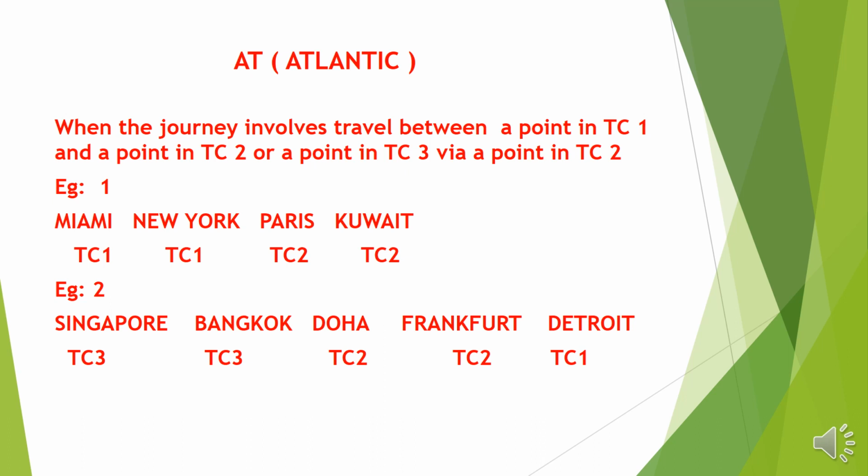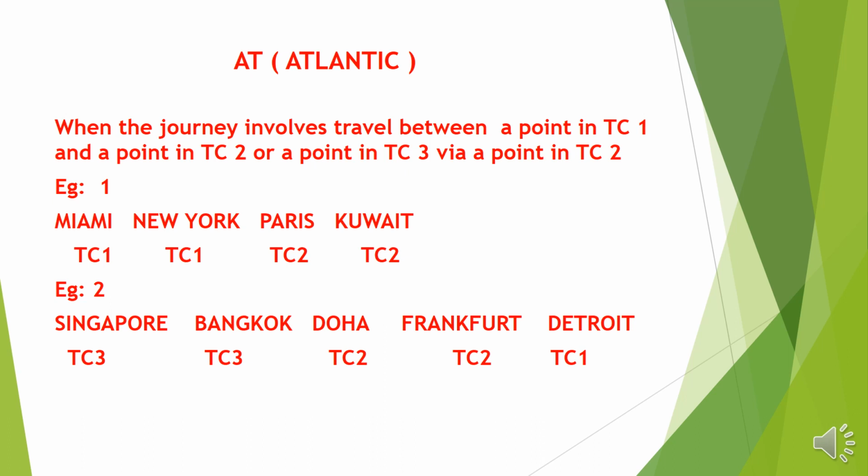So either a journey can start in TC1 and go to TC2, or it can start in TC1 and go to TC3, but the passenger should be traveling between TC1 and 3 via TC2. Then we call it AT. AT means passenger is crossing the Atlantic Ocean. So whenever passenger crosses the Atlantic Ocean, the whole journey will have a global indicator as AT.